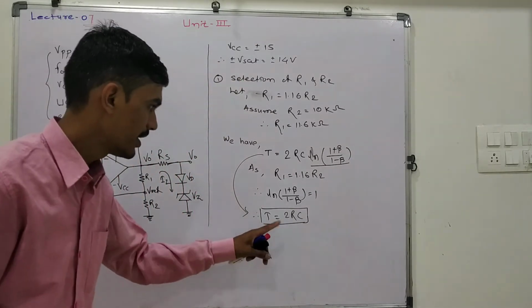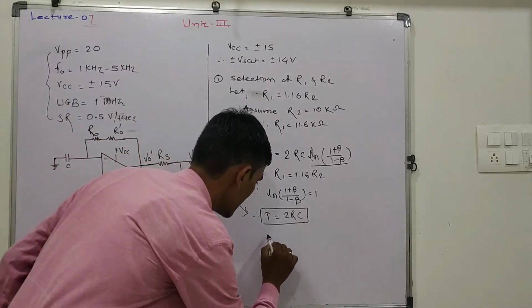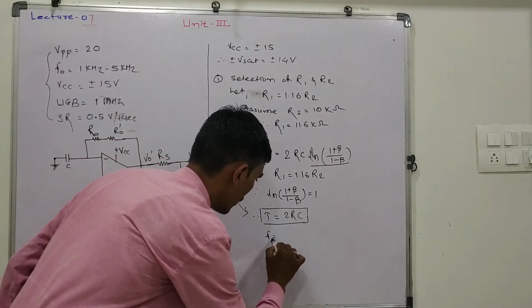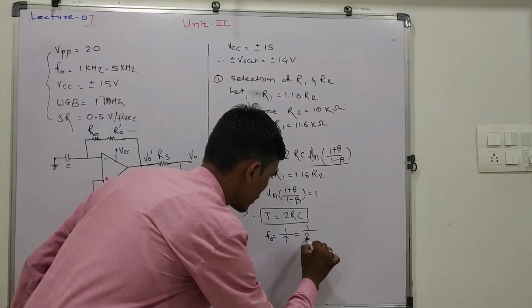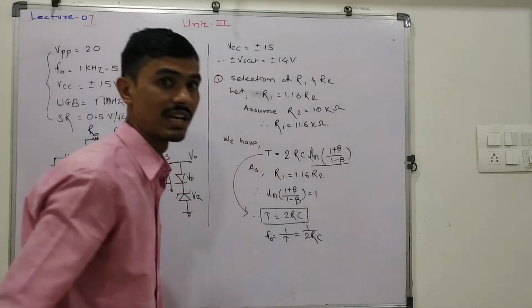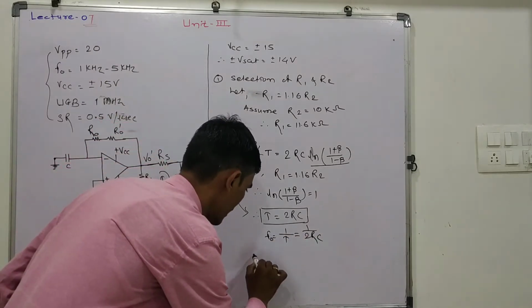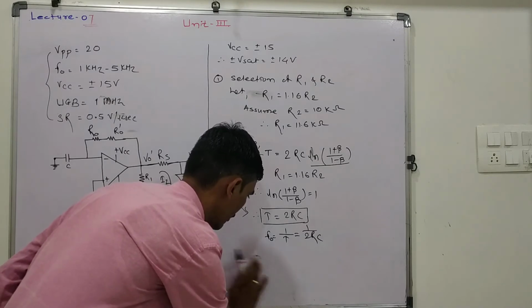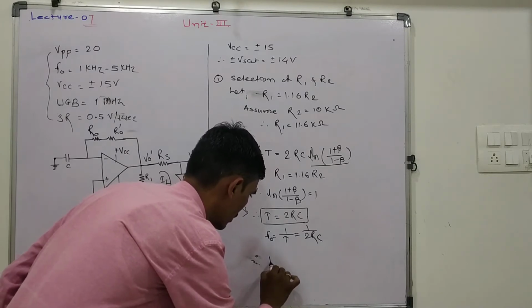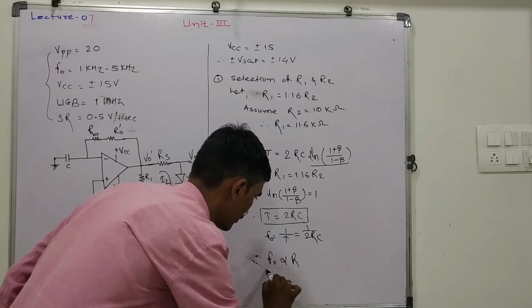And from the time period, we get the value of frequency, because we know that frequency F0 is equal to 1 upon T, that is 1 upon 2RC. So ultimately, from this we can directly say that F0 is inversely proportional to the R value.